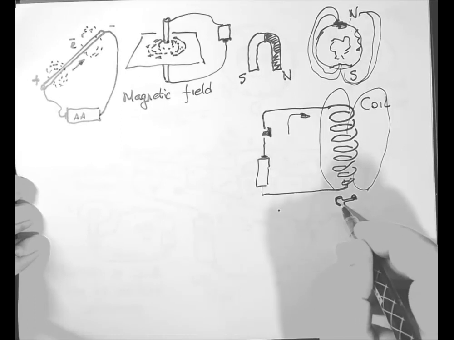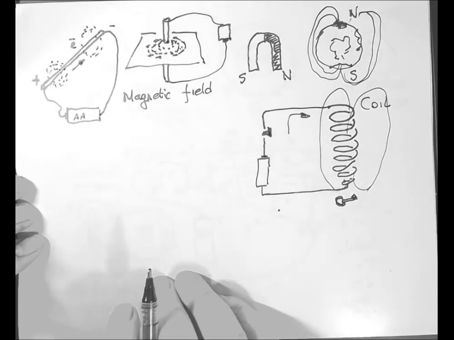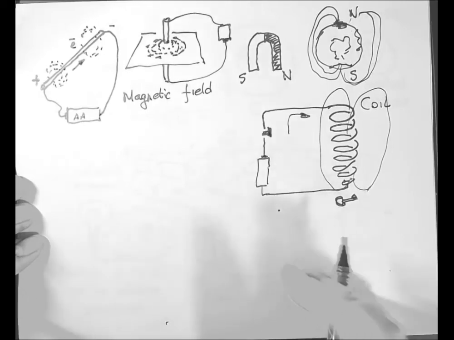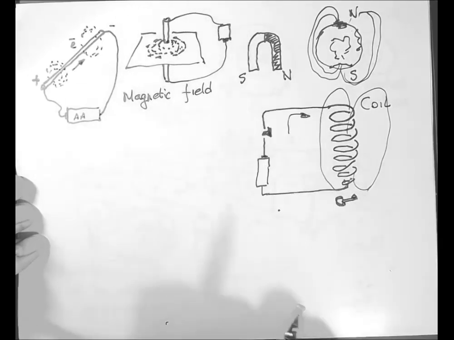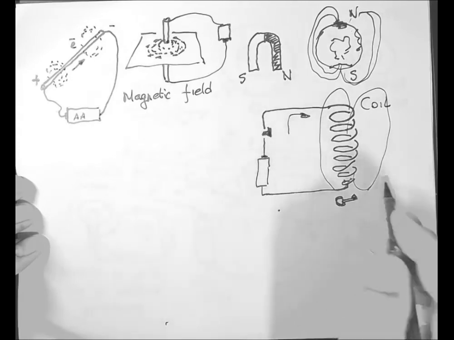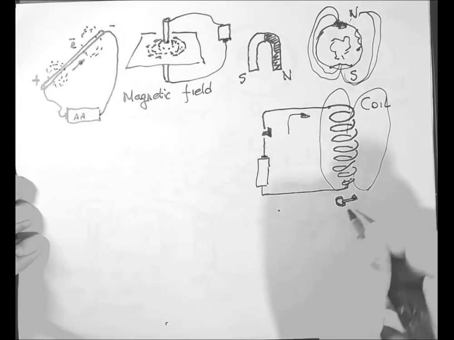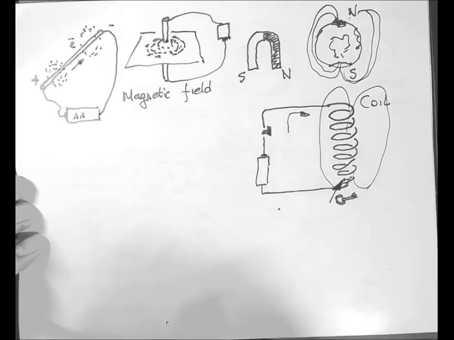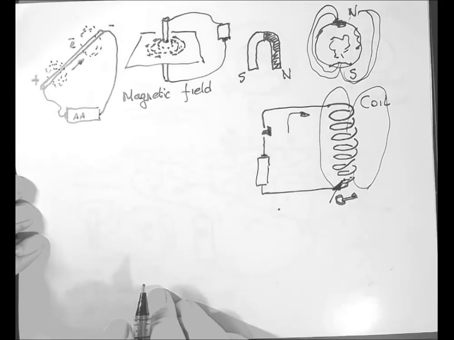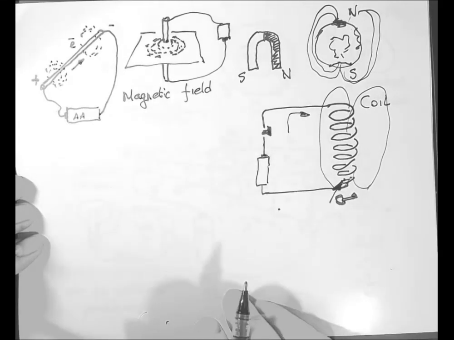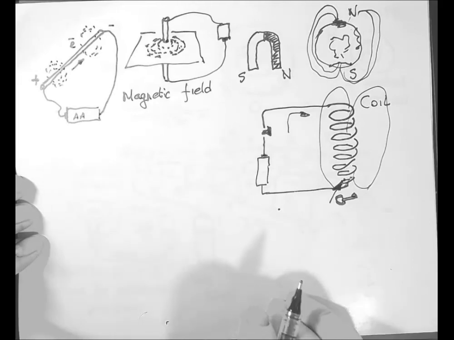Because a key is made from magnetic materials. So look what happens. When you push the button here and create a magnetic field, the key will jump from the table and will be magnetized by the coil. When you release this, the key will fall down on the table again.